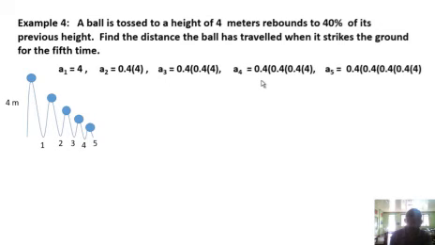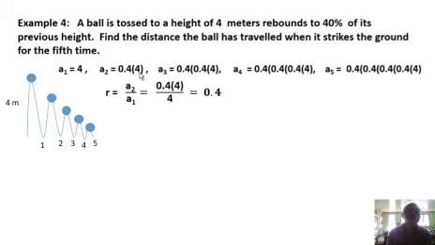So on and so forth. So let us examine the terms of the sequence. If we divide a sub 2 by a sub 1 or a sub 3 divided by a sub 2, we get a common ratio. Okay, a sub 2 over a sub 1, 0.4 times 4 divided by 4 is equal to 0.4. And so with the other terms.